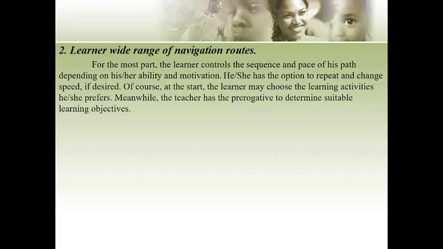The second is the learner's wide range of navigation routes. For the most part, the learner controls the sequence and pace of his path, depending on his or her ability and motivation. He or she has the option to repeat and change speed if desired. Of course, at the start, the learner may choose the learning activities he or she prefers.